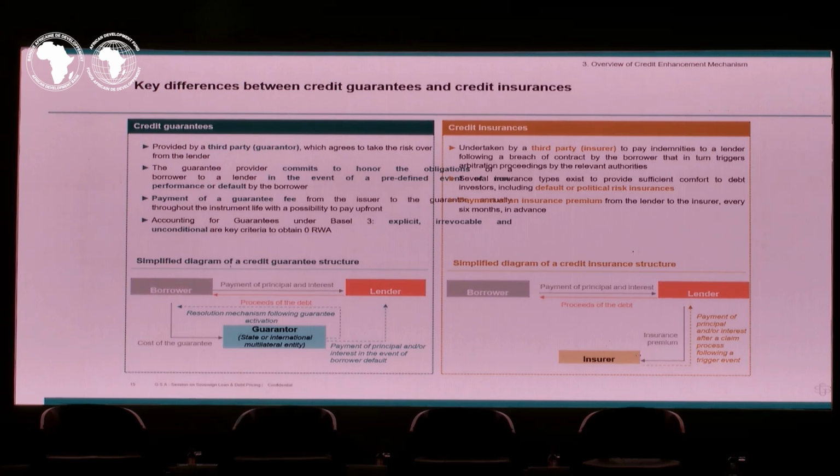It is then followed by a claim or an arbitration process in order to have the insurer pay the compensation. So in the case of these insurances, it often adds some procedural complexity and potential delays in the payment compared to the first form, which is the guarantees.